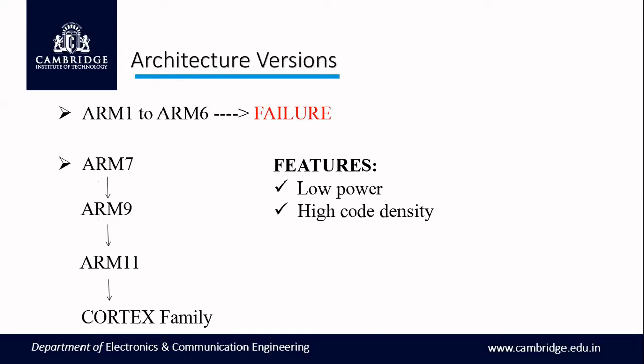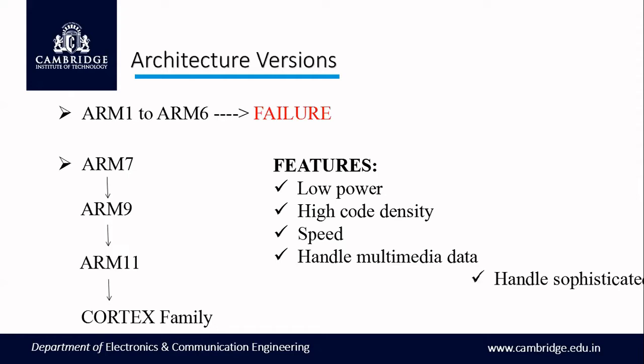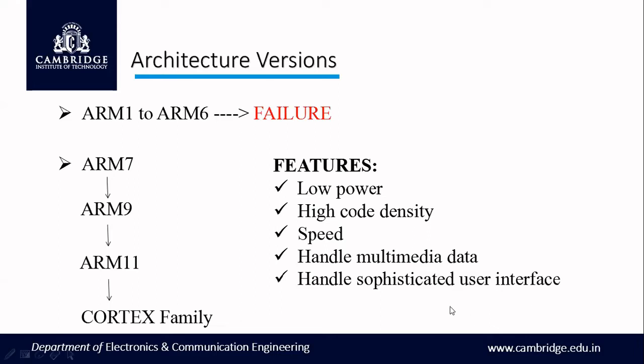And they wanted a processor with high code density to compress more code into a small memory chip. Speed is another main concern. And they wanted the processors to handle even multimedia data for DSP applications. And they even wanted the processors to handle complex user interfaces. So keeping all these features in mind, the design of the ARM processors was improved, which led to the introduction of these processors by the ARM company.